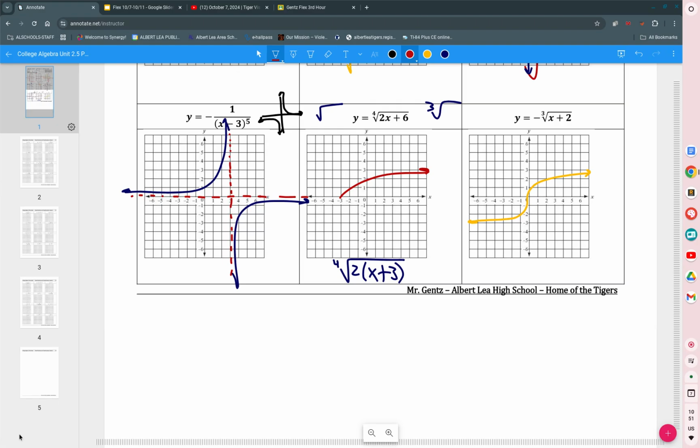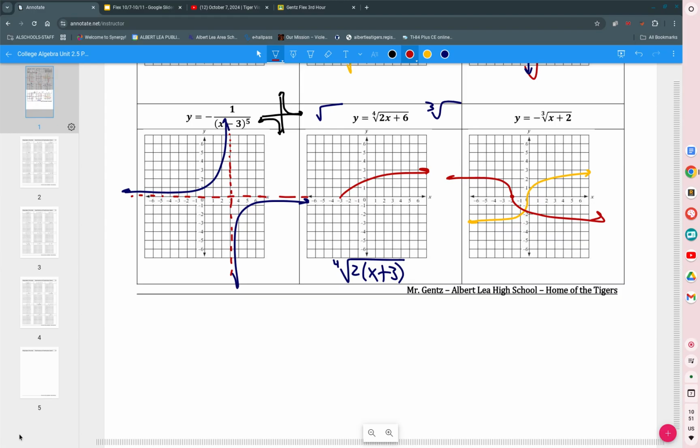I can see that the plus 2 will shift it to the left 2 units, and the negative on the outside will make it flip upside down. Good? Yes! I did it.